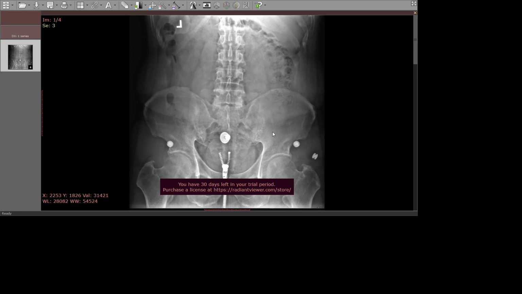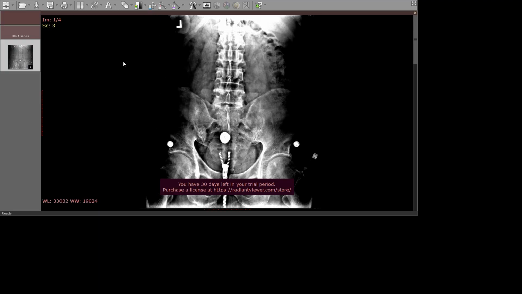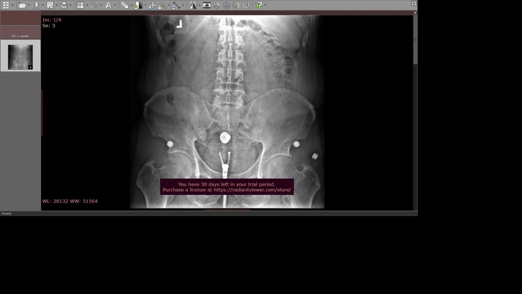Sometimes even when you have a perfect image of a patient, but the collimation's much wider than it should be with a very thick patient, it can be really difficult, even with window and leveling, to see the anatomy as you need to see it with enough detail.